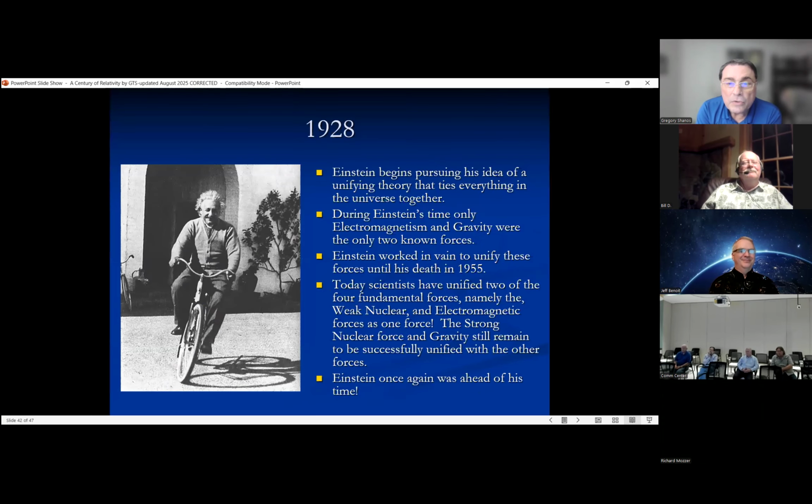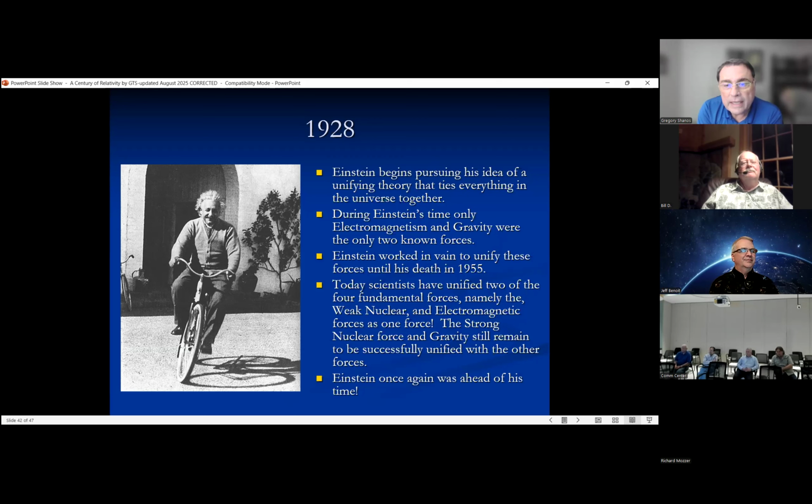And then in 1928, he begins pursuing the idea of unifying all the forces together. At the time, with Einstein, only electromagnetism and gravity were the two known forces. Now we know we have the strong, the weak, the electromagnetic, and gravity.